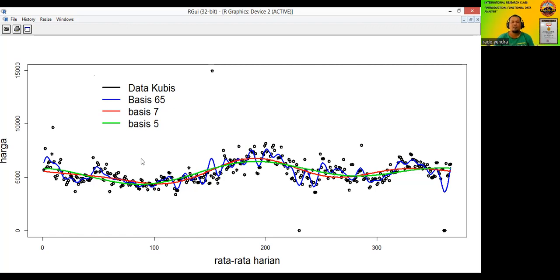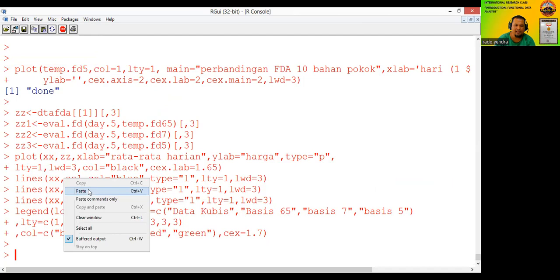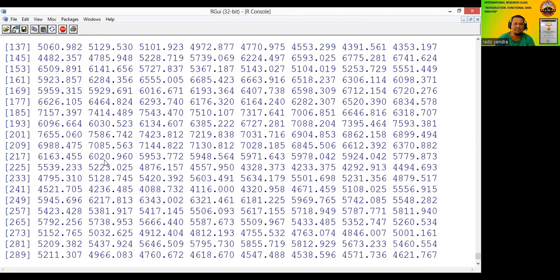So we can imagine that we can produce new data for the daily average price of the 10 commodities. In the R programming, if you want to check the data for the potatoes, you can type eval.fd. We copy here, paste, and enter.